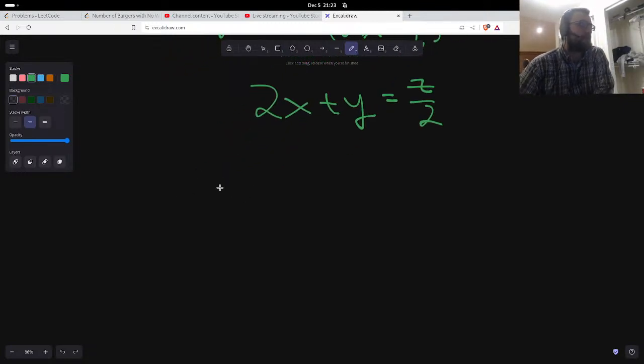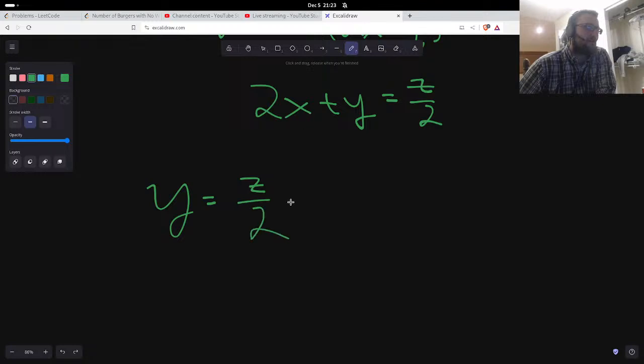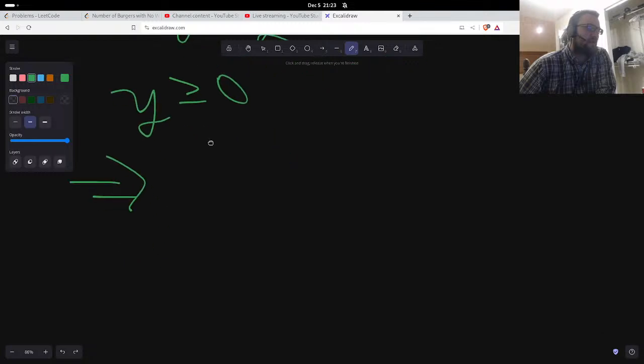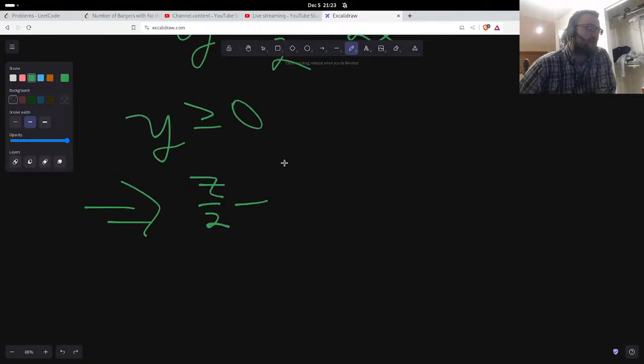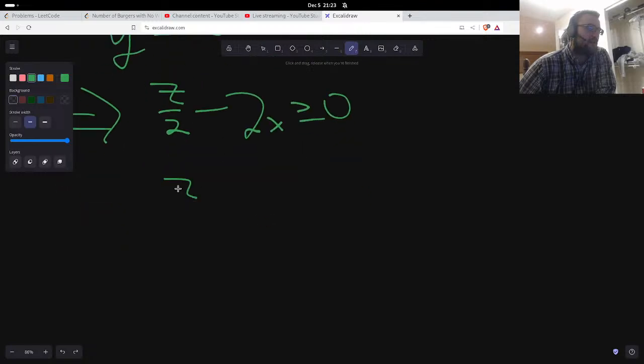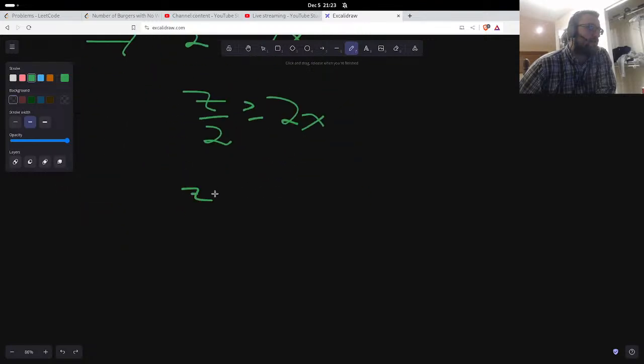Let's find x first. So we'll say that y is, I had it right the first time, z over 2 minus 2x. y is greater than or equal to 0 implies that z over 2 minus 2x is greater than or equal to 0. This gives us z over 2 is greater than or equal to 2x.